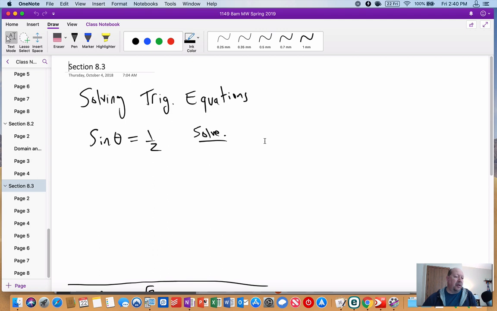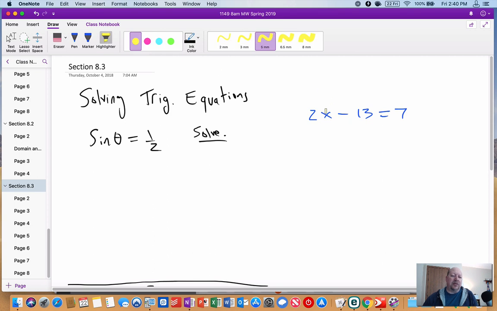So here we have the sine of theta equals 1/2. Now think about that. It's very similar to an algebra equation in that, if you have 2x minus 13 equals 7, then what you're looking for to solve that is you're trying to find out what value or values x could be such that this would be a true statement.